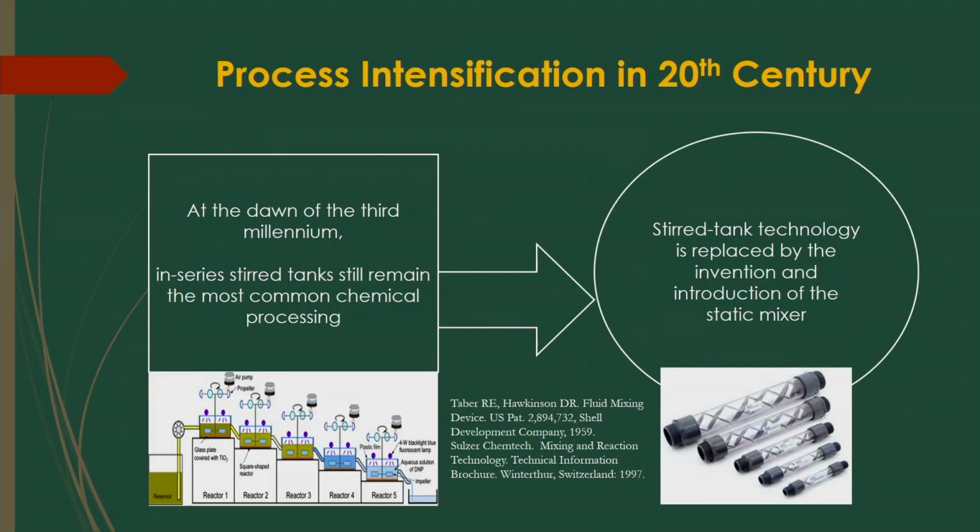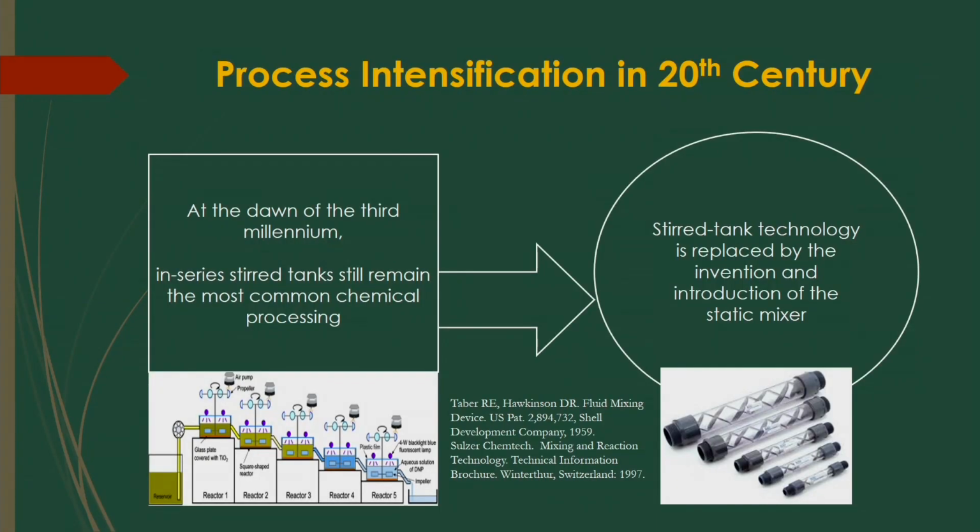After that, on the dawn of the third millennium, the main heart of chemical engineering processing was to mix two or more fluids to get a reaction in the presence of a catalyst and obtain a product. It was required to mix the fluids to get that reaction at a particular temperature and pressure.